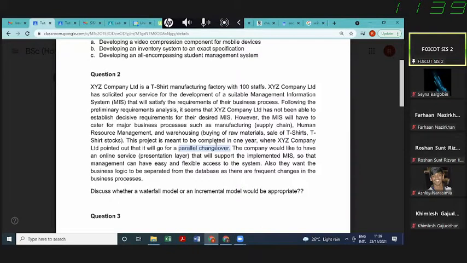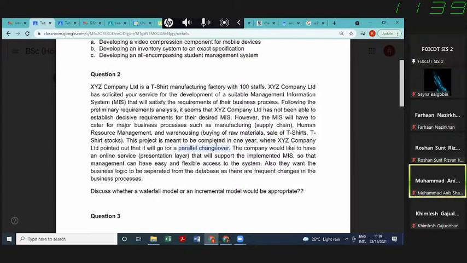Or at times you allow the old system to run, and side by side, you launch the new system as well. So this is parallel changeover. You have both systems running and deployed to ensure the new system is working correctly and not causing any kind of disruption.